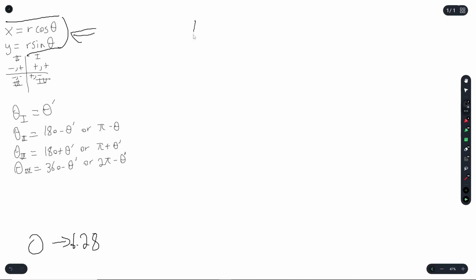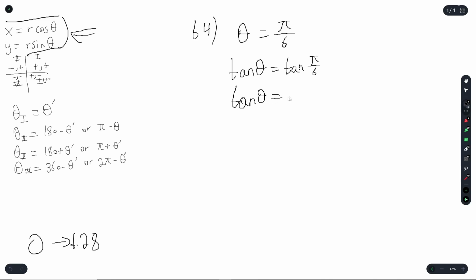On to our last question, 64. So here we have theta is equal to pi over 6. We take tan of both sides. So tan theta is equal to tan pi over 6. We can do this on a calculator. So it will become tan theta is equal to radical 3 over 3.